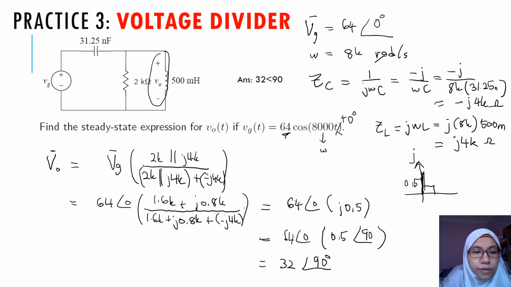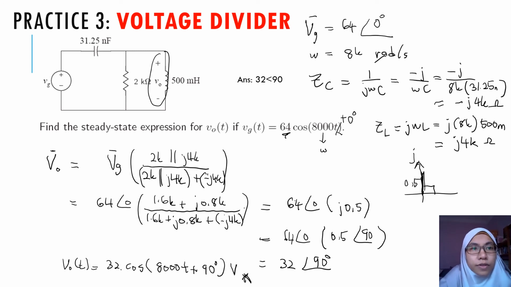And what is V naught in steady state? V naught steady state is equal to 32 cosine of omega, which is 8000 t plus 90 degrees. So this is the steady state. Don't forget the unit. Okay, thank you.